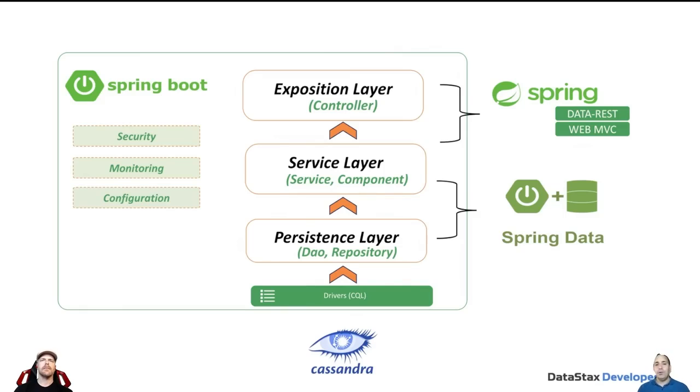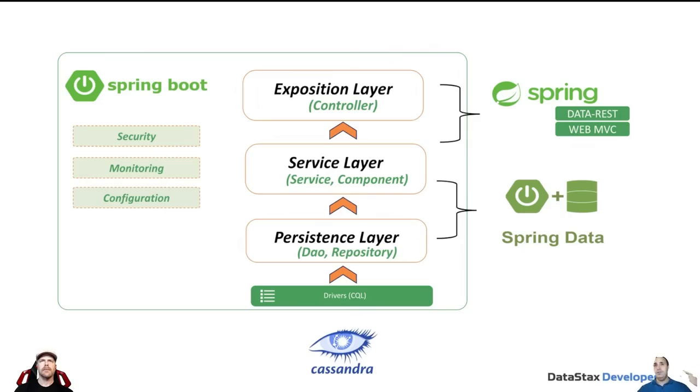So again, this is our application. Let's say we do have imports for what we need for security, monitoring, configuration. Remember, those are starters. We want to use Cassandra as a database. In the Spring world, to interact with data, you will use Spring Data. Spring Data will provide you some dedicated repositories where, in the end, you only have to define your entities and the repository, and all the code requests will be generated for you.